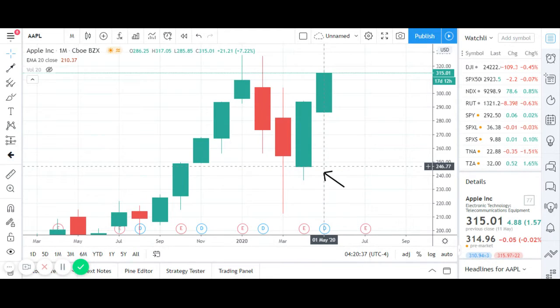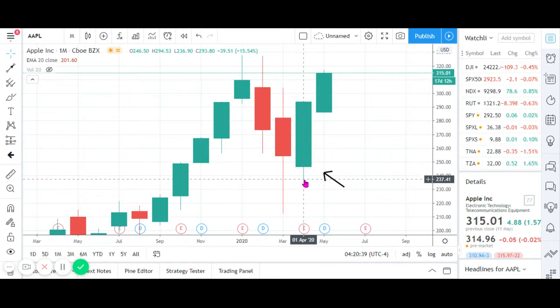And what happened with this wick down below is the stock managed to drop down to approximately 234. If you look up here, it will tell us the price. So the low is 236.90. Okay, the high was 294 and 53 cents.